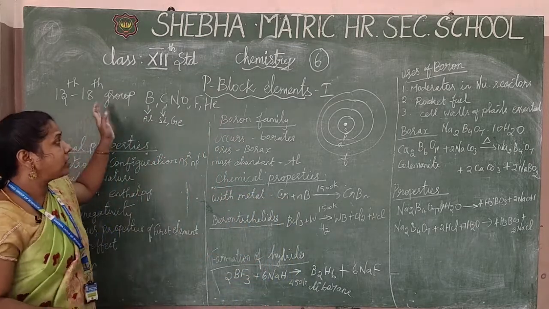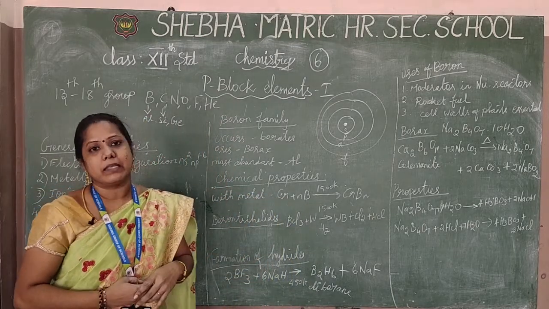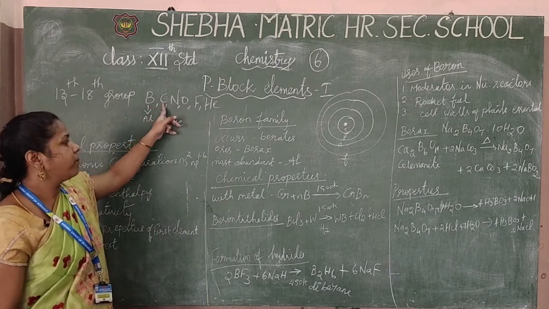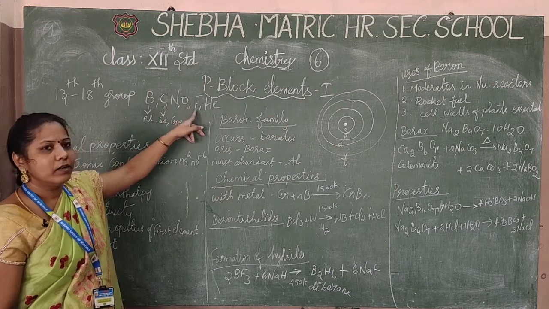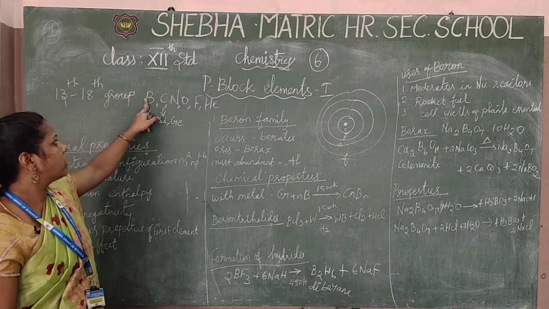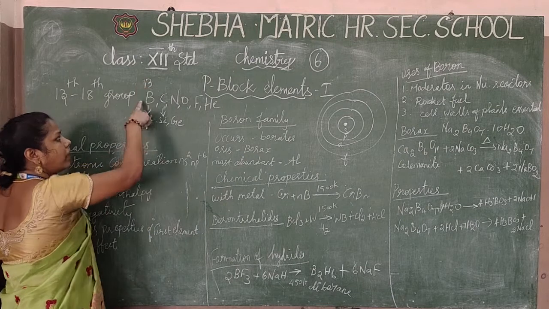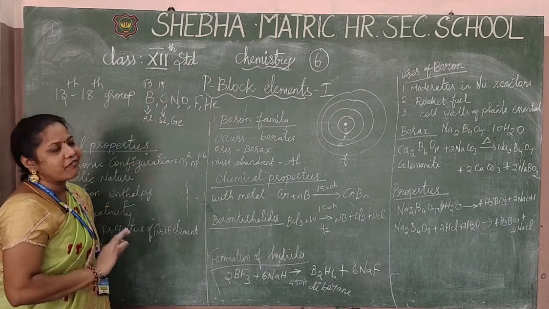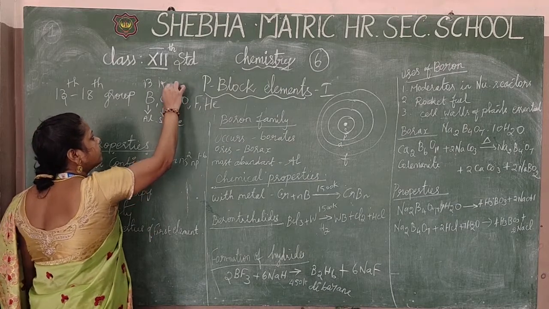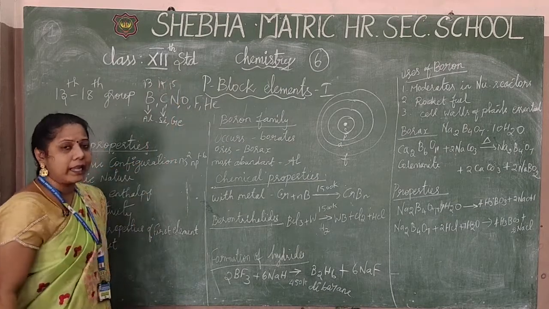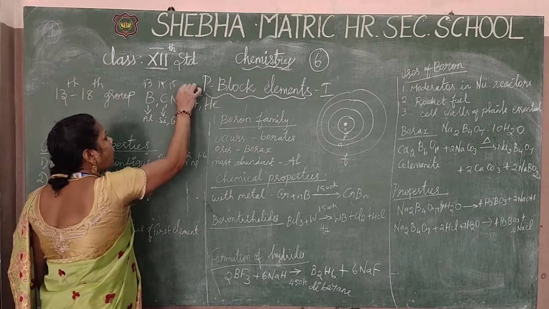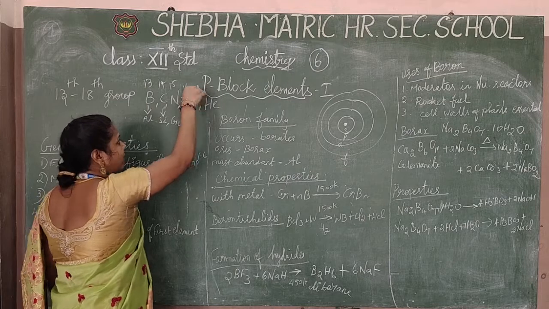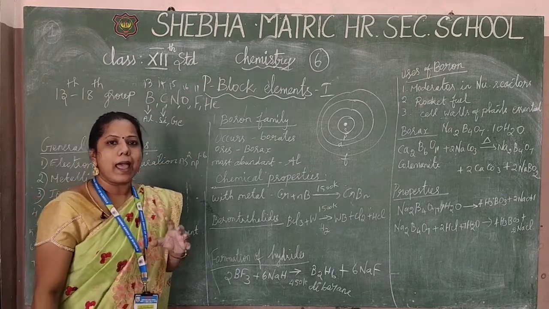What kinds of families are there in the P block elements? I am just going to explain. Boron, carbon, nitrogen, oxygen, fluorine, helium. The 13th is the boron family, the 14th is the carbon family, the 15th is the nitrogen family, the 16th is oxygen, and the 17th is the fluorine family, also called halogens.